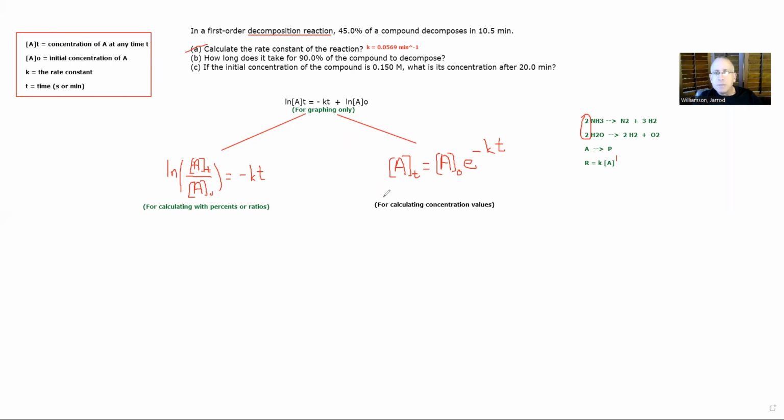So it says, if the initial concentration of a compound is 0.15 molarity, what's its concentration after 20 minutes? That means we're saying, what is the concentration at any time t, and t is equal to 20 minutes. So what's the concentration at 20 minutes?